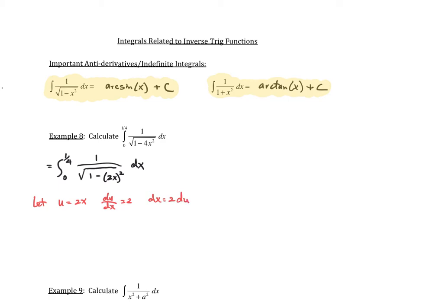Not only do I need to change the variable, but I also need to change the limits of integration. When we have the 0 here, that really means x is equal to 0. To figure out the corresponding u, I substitute 0 for x into the u equation, and this gives me u equal to 0.